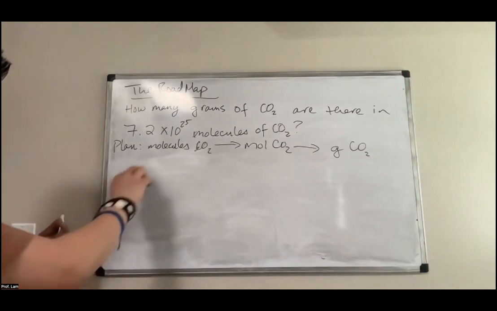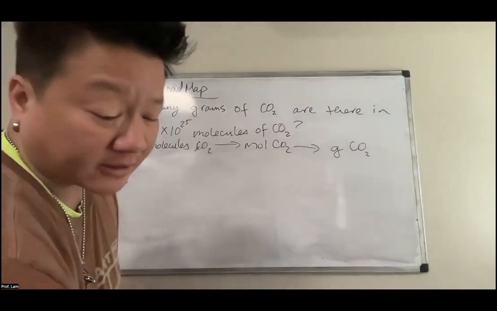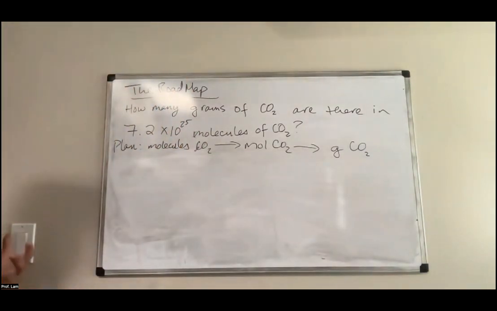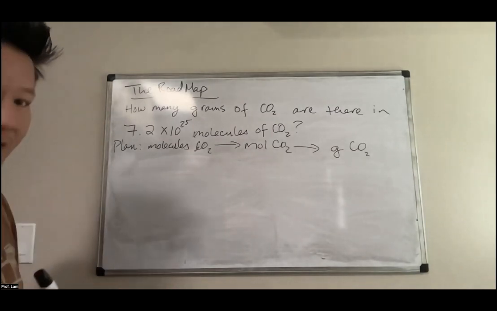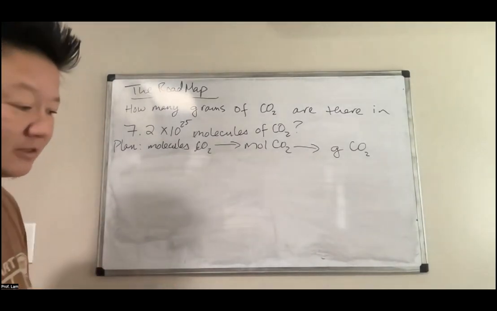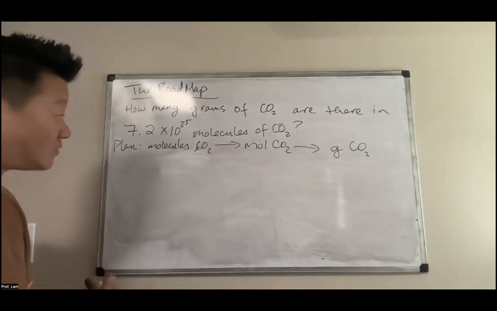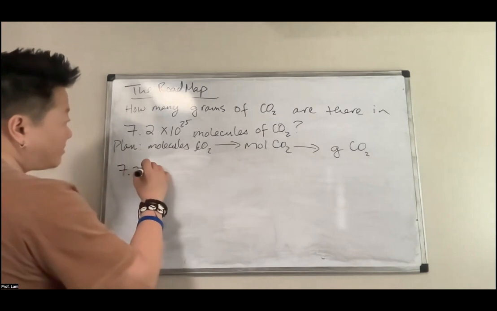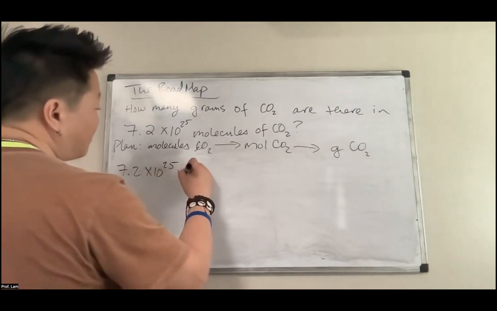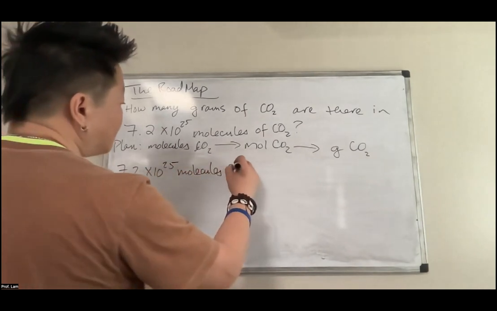But of course, the map won't be on the exam for you, right? So you're gonna want to generate that map, memorize that map, and then generate it at the beginning of the exam or something. Just have that handy. I think it's really useful. All right. So 7.2 times 10 to the 25th molecules of CO2.